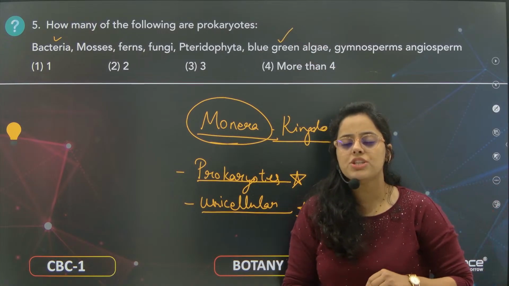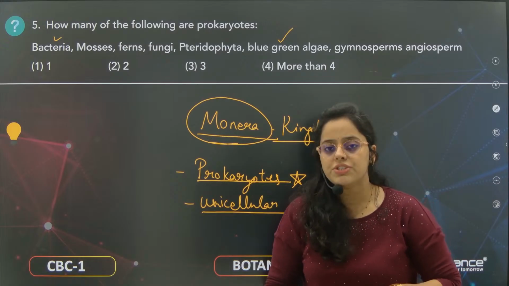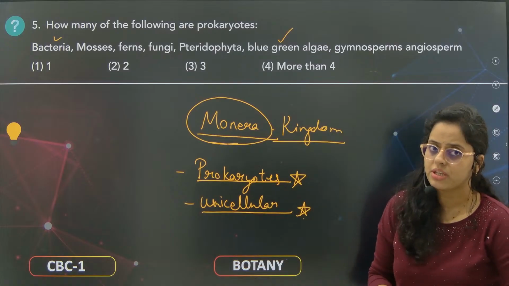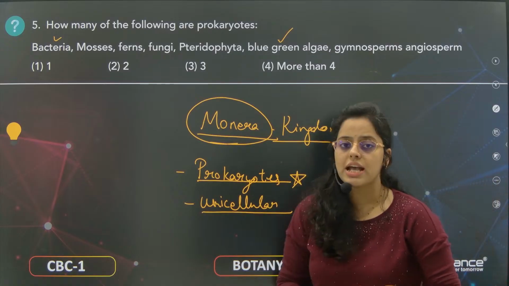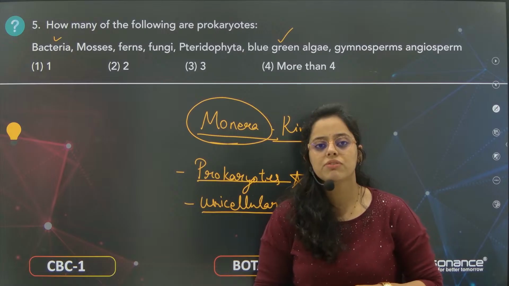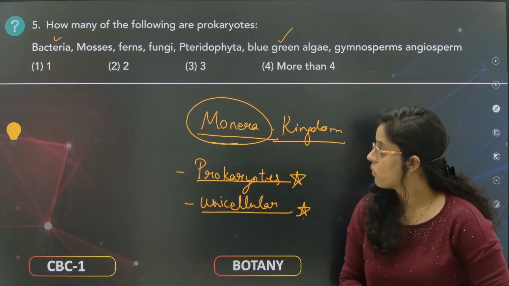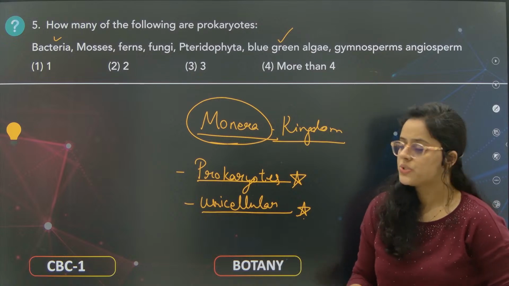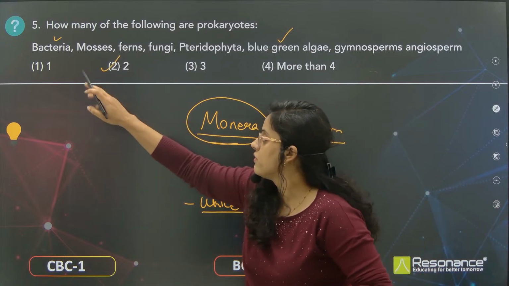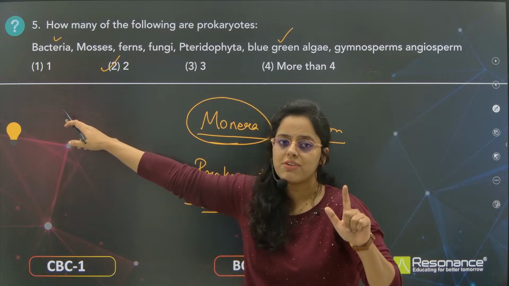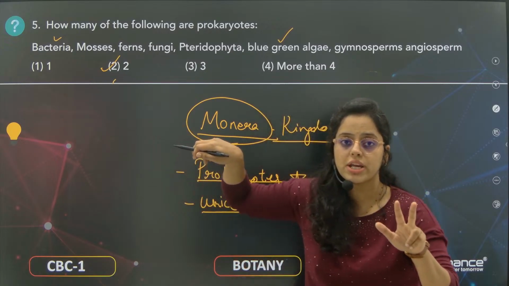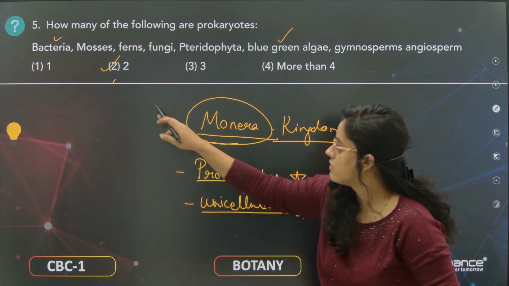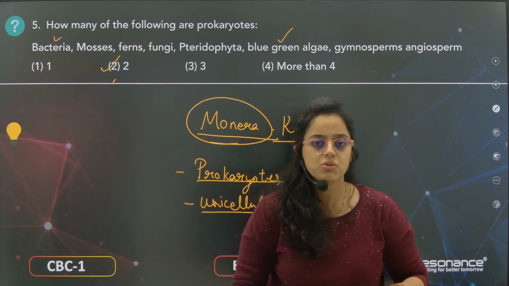And gymnosperms and angiosperms are again divisions of the plant kingdom. So for how many of the following are prokaryotes, bacteria and blue-green algae are the ones. So here only 2 organisms. Option 1 consists of only 1 organism, option 2 consists of 2 organisms, option 3, 3 organisms, or 4, more than 4. So here your answer is going to be option 2, 2 organisms.